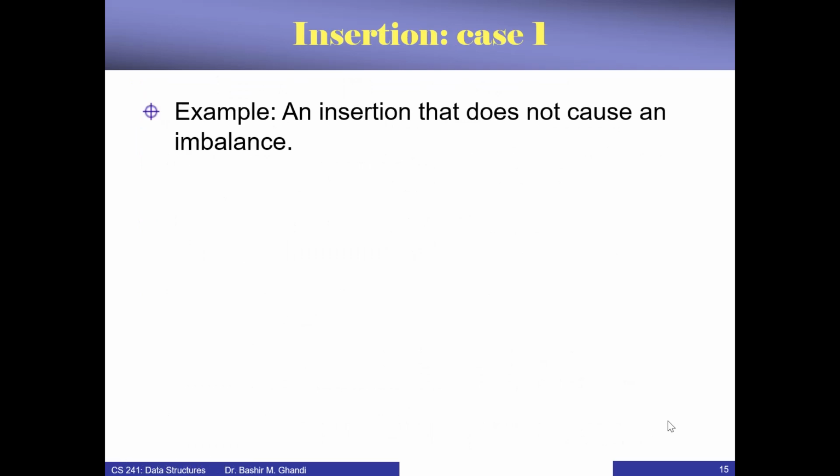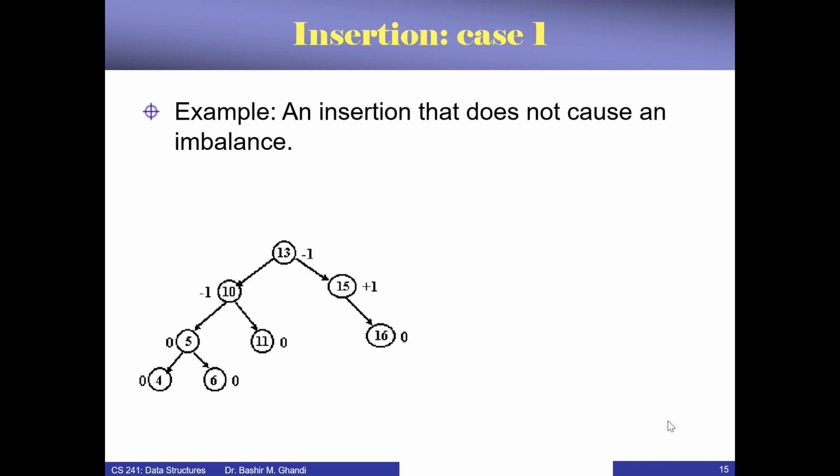To see this, it's better to take examples. So let's start with an example of case number 1: insertion that doesn't cause an imbalance. Suppose you insert 14 in this AVL tree. So 14 is bigger than 13, but less than 15. So it's going to come to the left of 15.